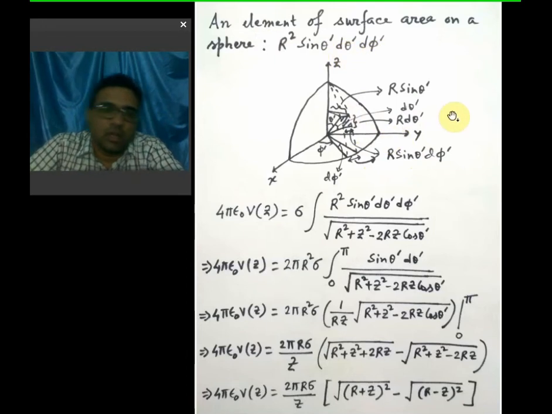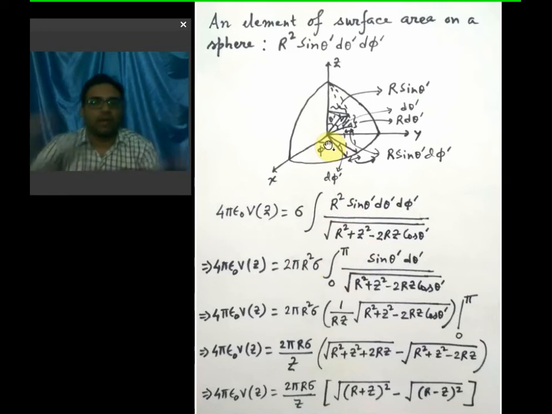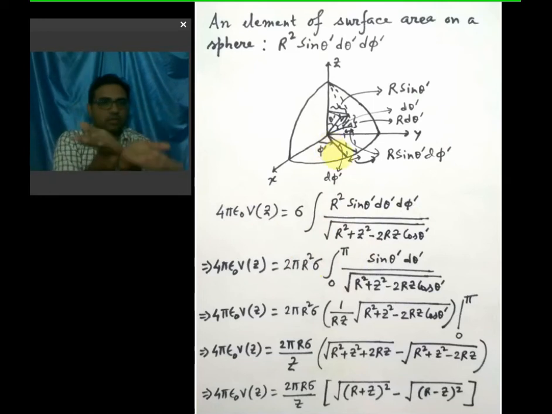Is it clear? Okay. Now this 4 pi epsilon naught I am multiplying here. Now we get this form. Now this r square is coming out, sigma will come out, and there will be 2 pi. 2 pi means this d phi prime, this is varying the angle d phi prime, which is in the xy plane.